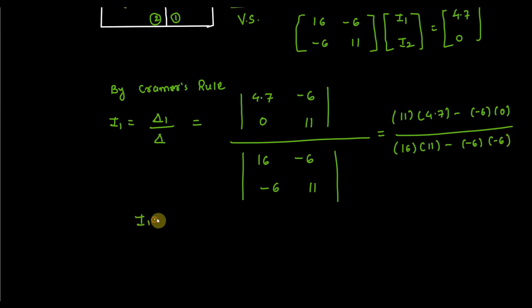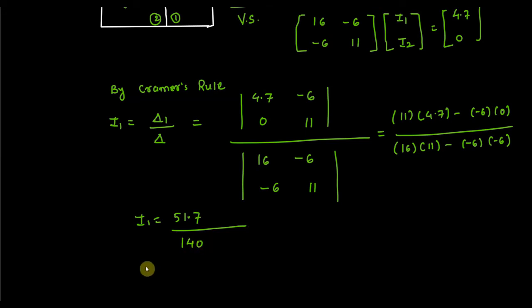So your I1 comes out to be, first you have to calculate 11 into 4.7, which comes out to be 51.7. That minus 6 into 0 will become 0. So 16 into 11 is 176, minus 36, so that is 140.